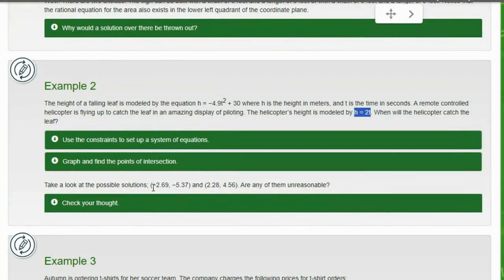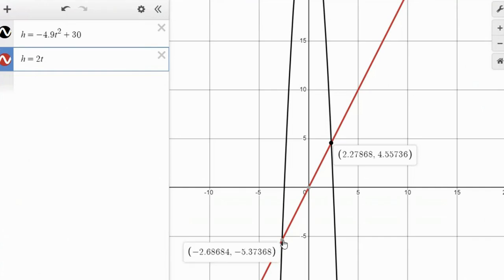So it says, look at the possible solutions. Now there's another solution over here. But think about this. This is a real life situation where we have a leaf falling and a remote control helicopter trying to catch it. This is negative numbers. We have to throw that out. There's not 2 solutions. We throw it out because there's no way the helicopter is going to catch it in negative 2.68 seconds. We can't go back in time.